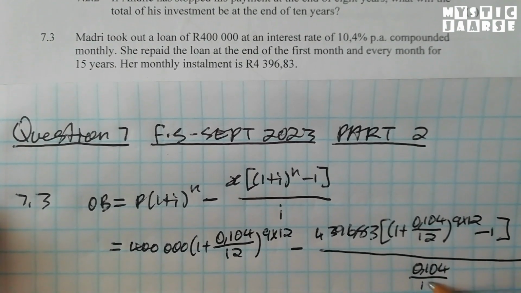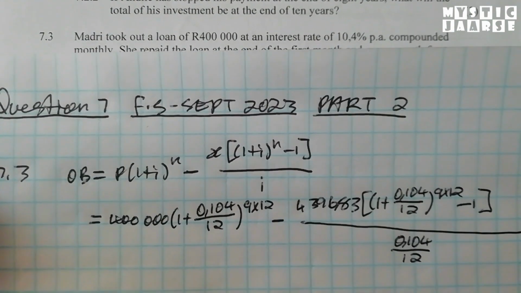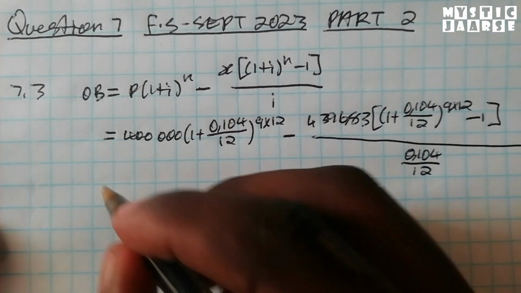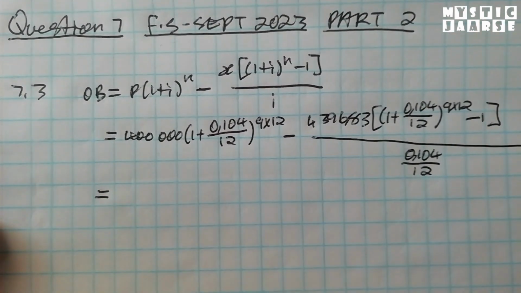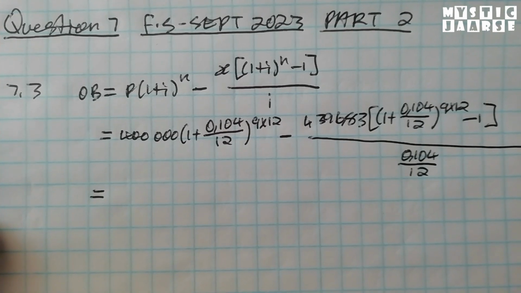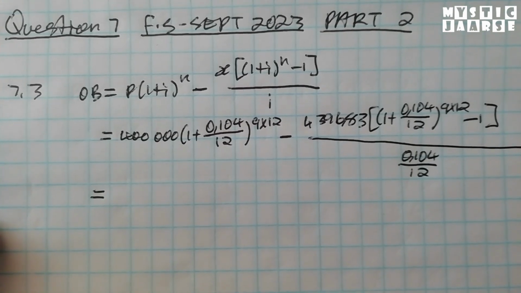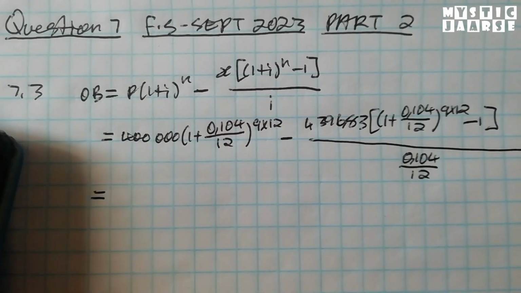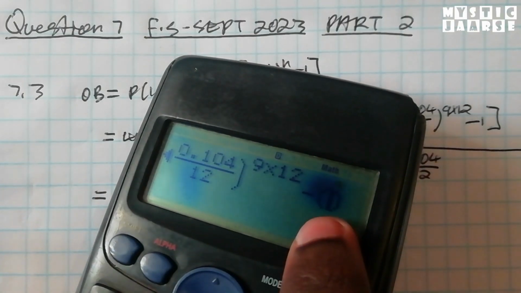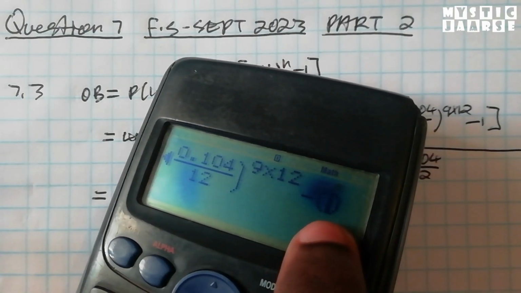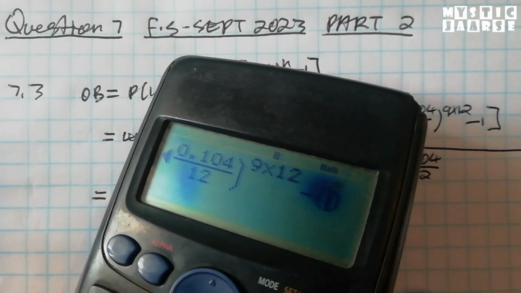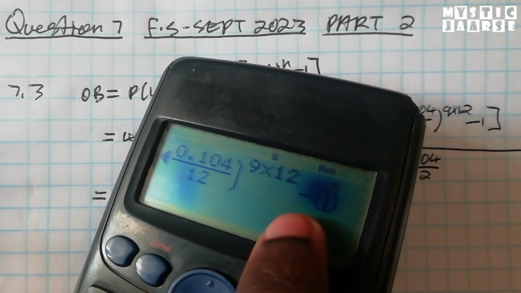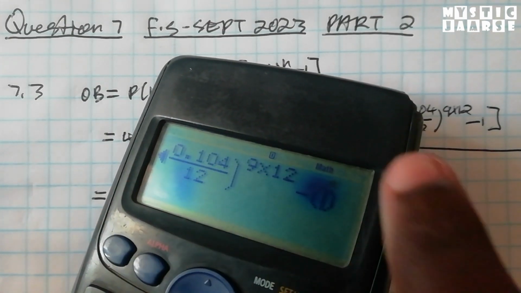0,104 divided by 12. Now this is where things get tricky, because with a huge number like this, you won't be able to spot an error when you plug it into your calculator. So you need to be super careful. Don't miss a zero. I usually open brackets when I'm subtracting something, so that the calculator knows that I am subtracting two numbers from one another.